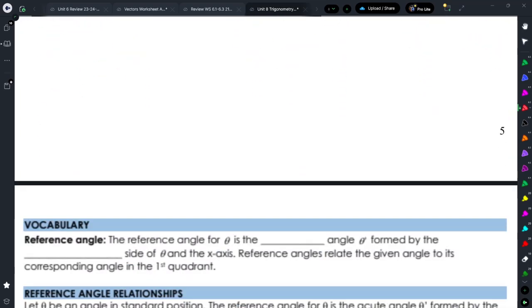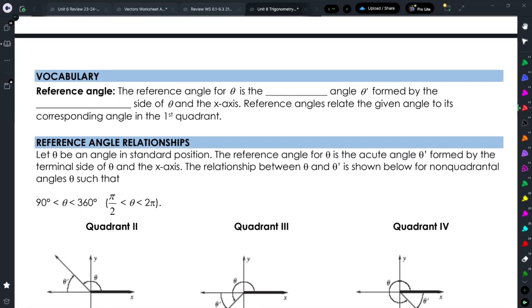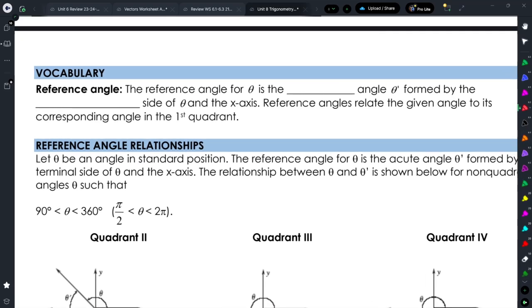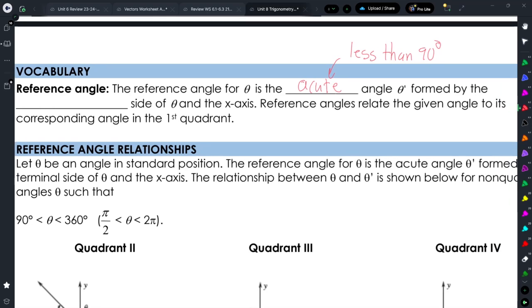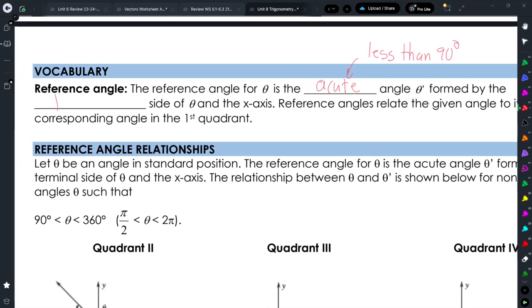All right, on the next page, we're going to talk about something called reference angles. So a reference angle for any angle theta is the acute angle, so remember that's less than 90, formed by the terminal side and the x-axis.